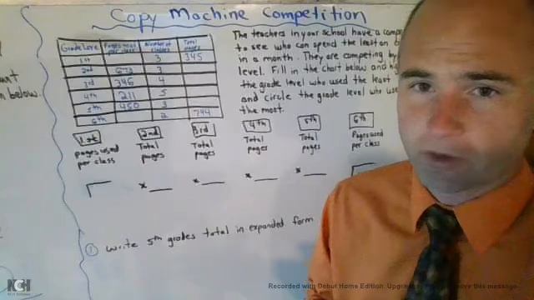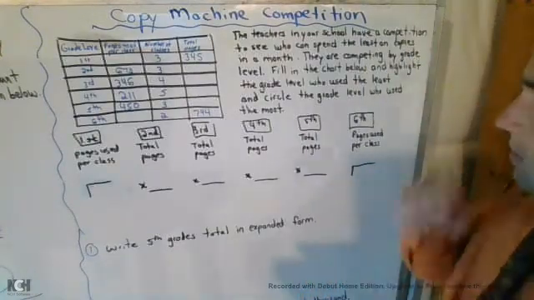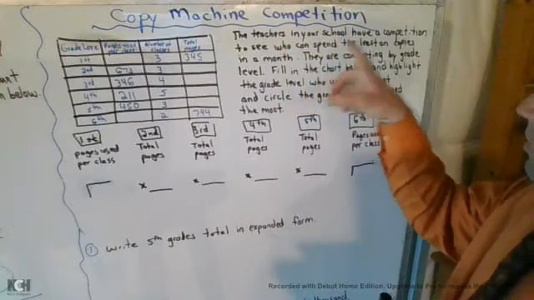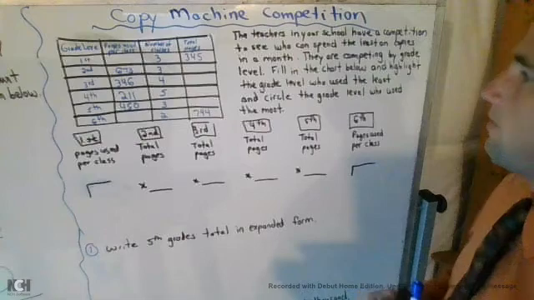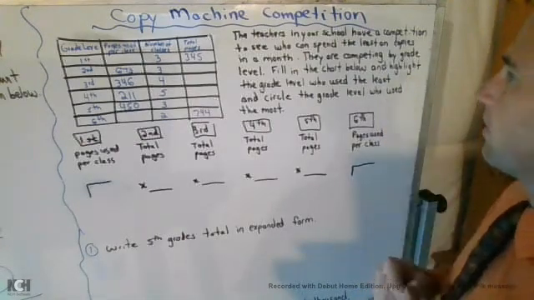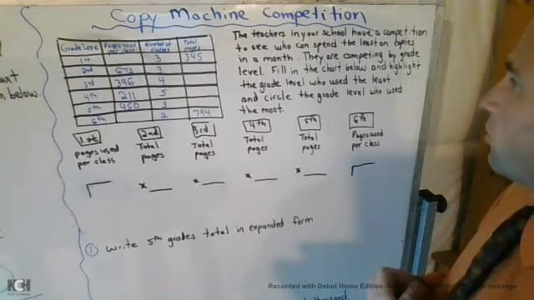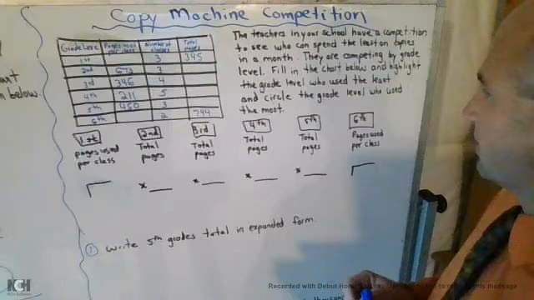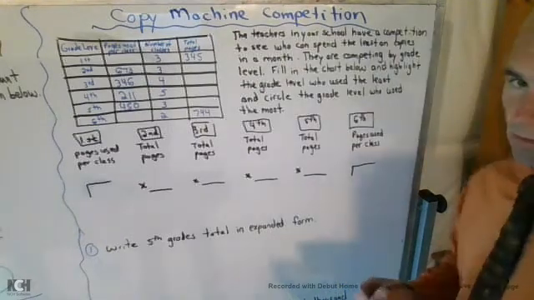Okay, so this is a fun one. Copy machine competition. So the teachers in your school have a competition to see who can spend the least on copies in a month. They are competing by grade level. Fill in the chart below and highlight the grade level who used the least and circle the grade level who used the most.